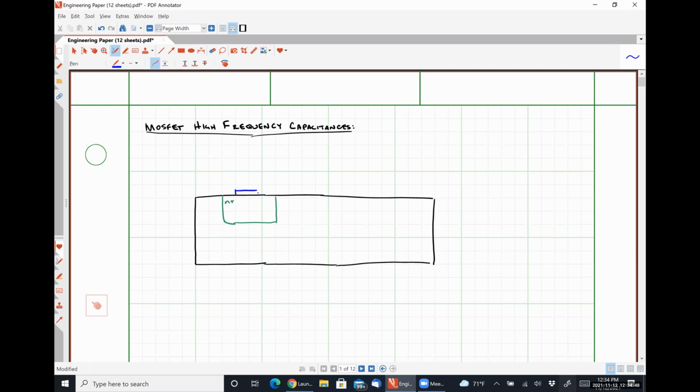We have some sort of metal contact here. There's our source terminal. Similarly, on the opposite side, our N+ region and our metal contact that allows us to apply a signal to the drain.